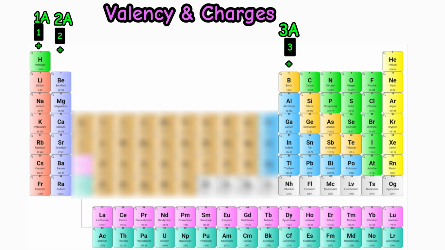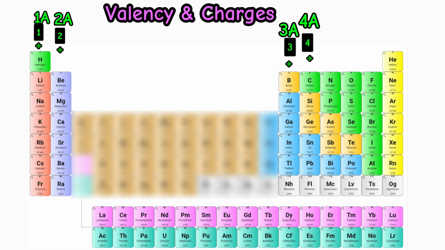The valency of each element in group 4A is 4. They form positive charges because they tend to lose 4 electrons to get the nearest stable noble gas electron configuration, except carbon, which forms -4 ions because it is a non-metal.